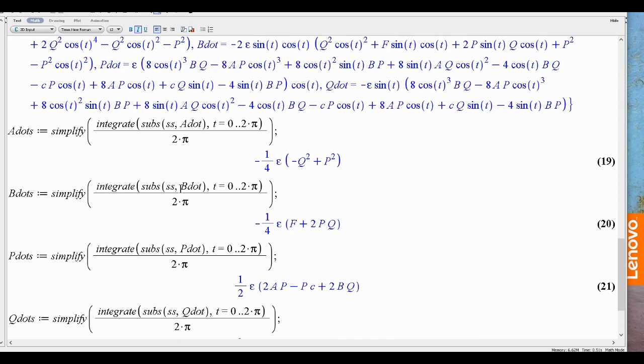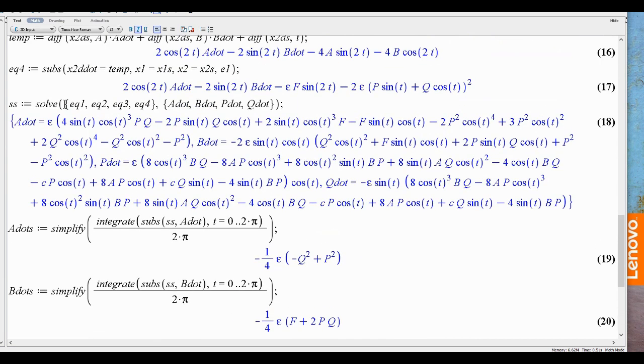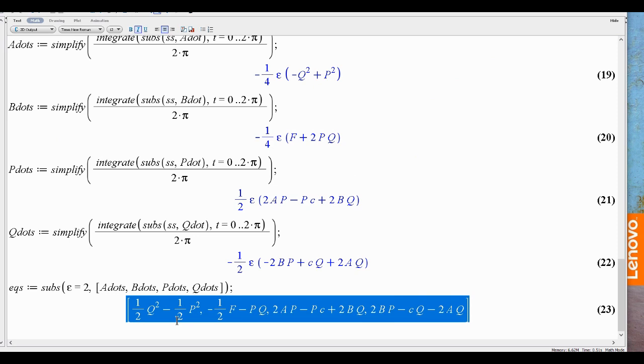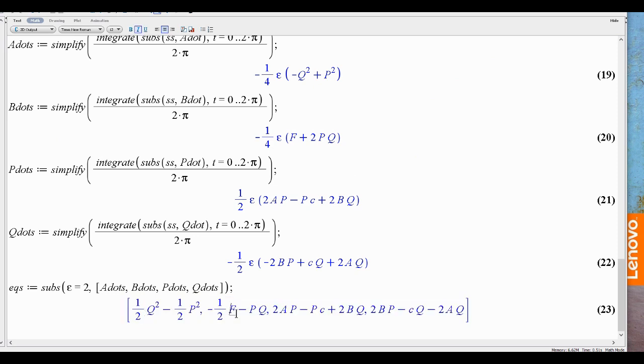When I have curly brackets, that is a set. So it may give it in a different sequence. Okay. But this will give it in the same sequence. So I substitute epsilon equals 2. This is my averaged equation. Okay, A dot, B dot, P dot and Q dot.